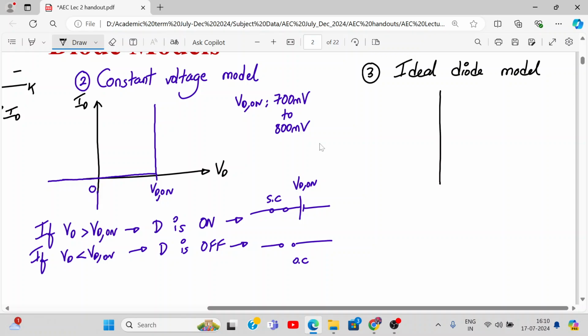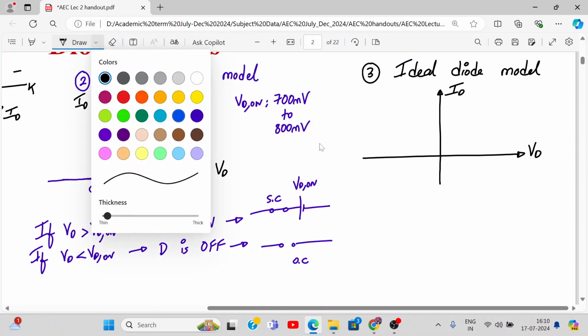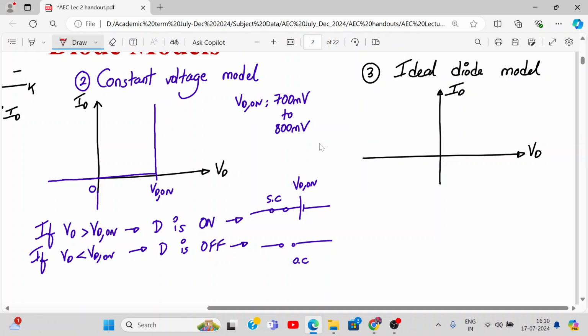So if we have this characteristics where Vd is on the x-axis, and current flowing through the diode is over here, this characteristics will look something like this. It will be a line parallel to ID over here like this. So in this case, anything over here, diode was off.